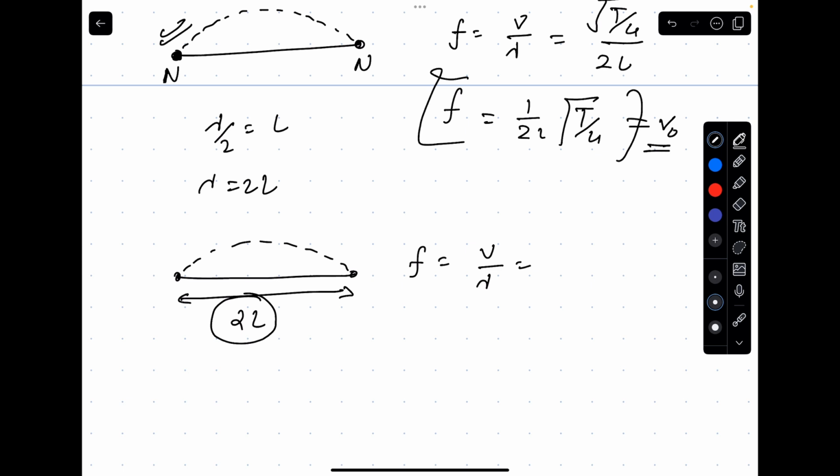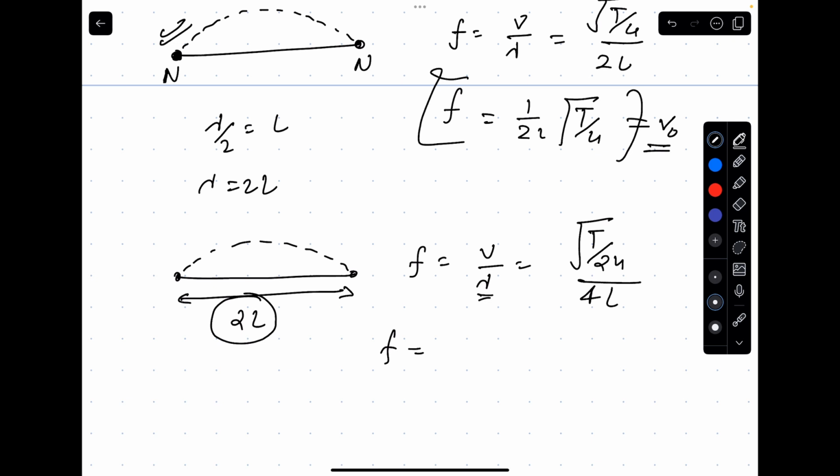So we get from here that V is, of course, that is V naught divided by 2. Or let me rewrite it. Now instead of writing V, I'm writing it in terms of T and mu. So that is basically root T by 4 mu divided by the total length, which is 4L of the lambda.